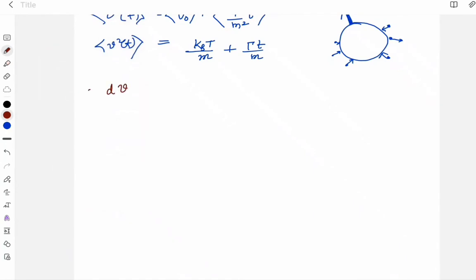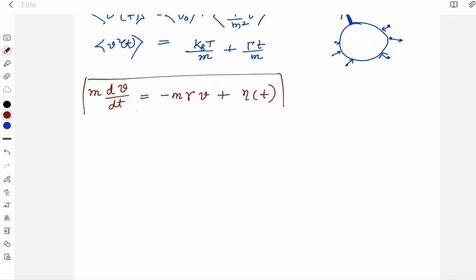So m dv/dt is equal to some drag, which is obviously proportional to velocity, because if you move fast you will feel more force than if you move slow. So it is minus a constant, small gamma, times v, plus eta(t). So this equation is actually correct.